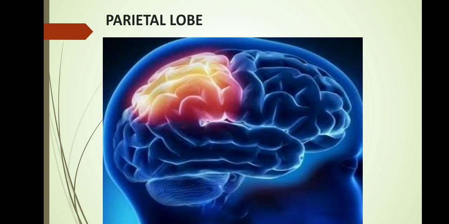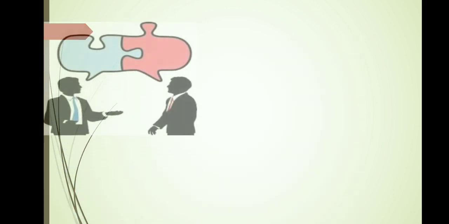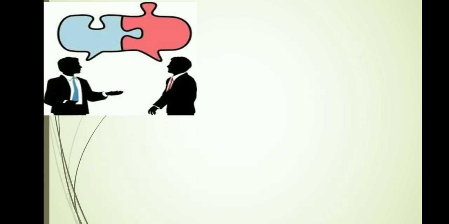Now let's discuss the next lobe, which is the parietal lobe. The parietal lobe is located in between the frontal lobe and the occipital lobe, and it is associated with language processing. So what is language processing? Language processing is the way in which humans use words to communicate ideas and feelings.